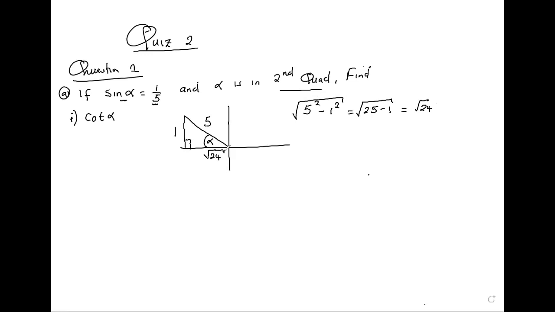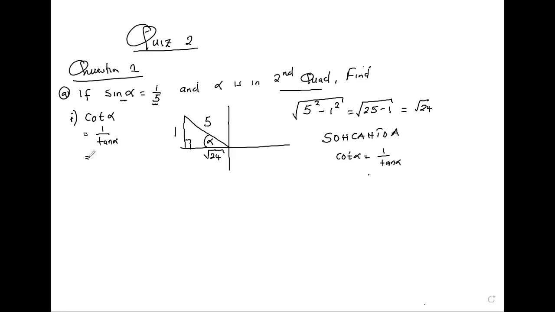Now cot, we know cot is 1 over tan, or since we have SOHCAHTOA like this. So to avoid learning new things at this stage, we'll just say we know cot is 1 over tan. So this is 1 over tan.